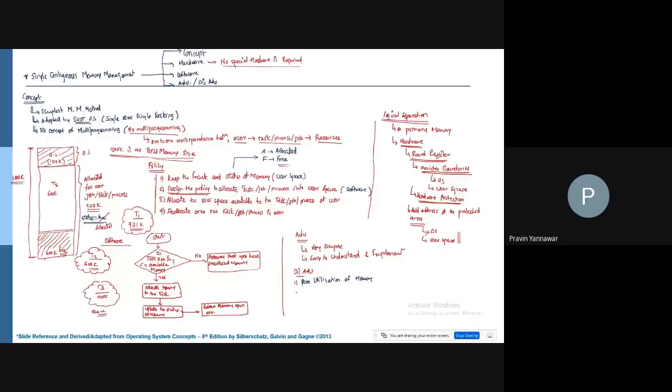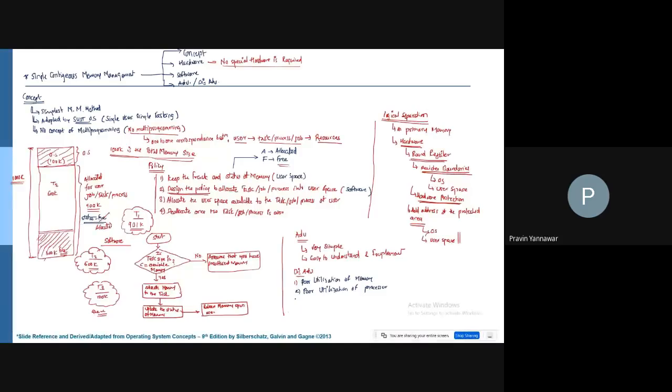At the same time, we have poor utilization of the processor also.